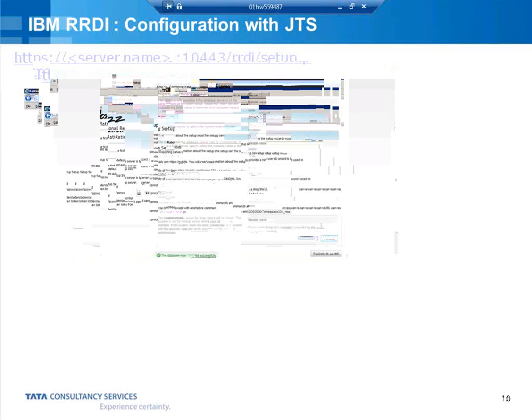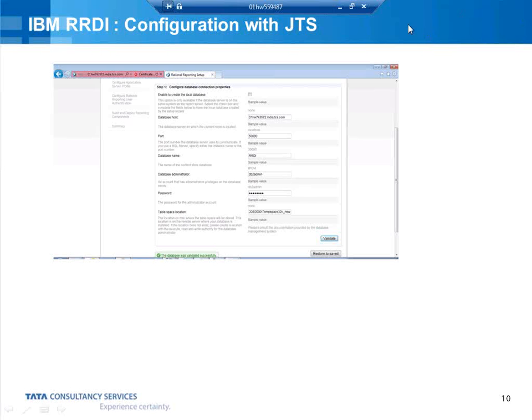So I've just given a database name as RRDI. It's the same configuration. You will have to give a database host name, the database name, and who is the administrator for that particular database. You need to make sure that the administrator has been granted all the permissions for this particular DB.